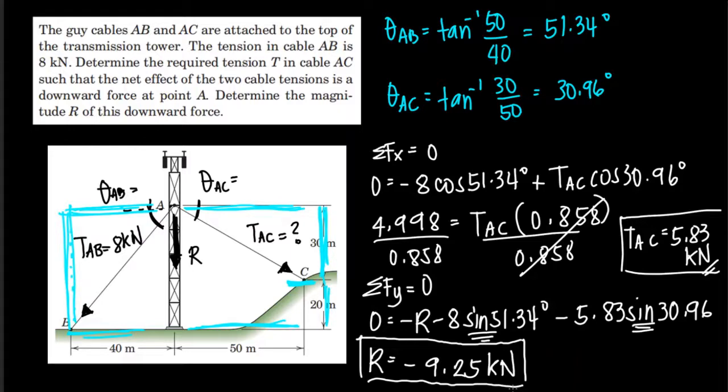So, the tension along the AB guy wire is 8 kilonewtons. Meanwhile, the guy wire AC has a tension of 5.83 kilonewtons. Because of that, TAB and TAC make a resultant downward force of 9.25 kilonewtons on our tower.